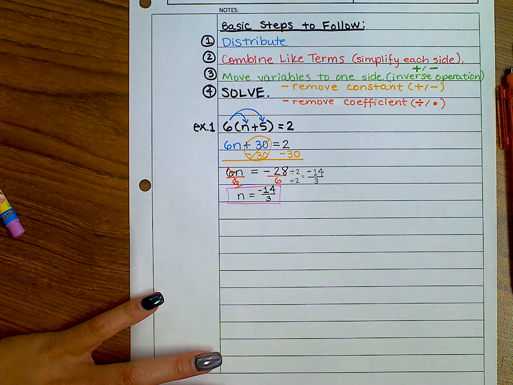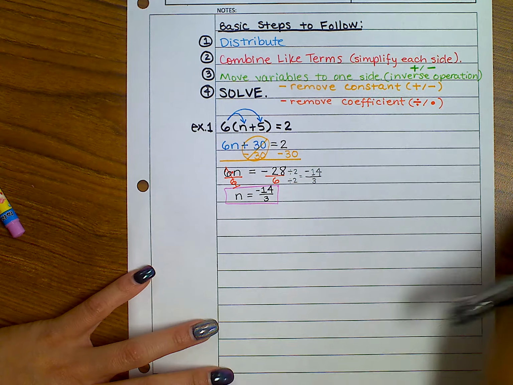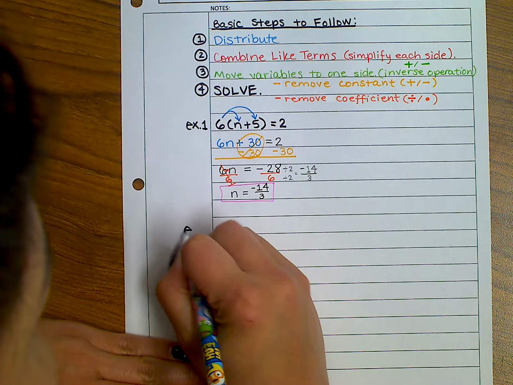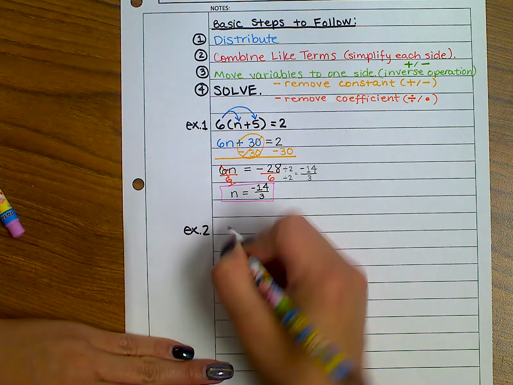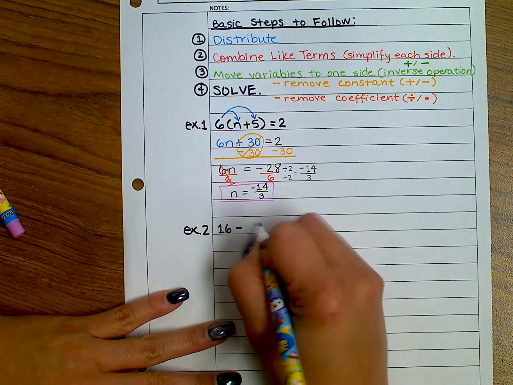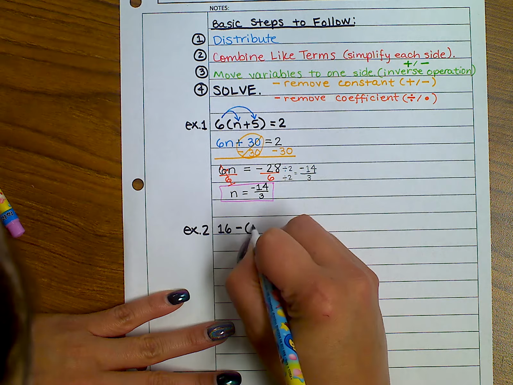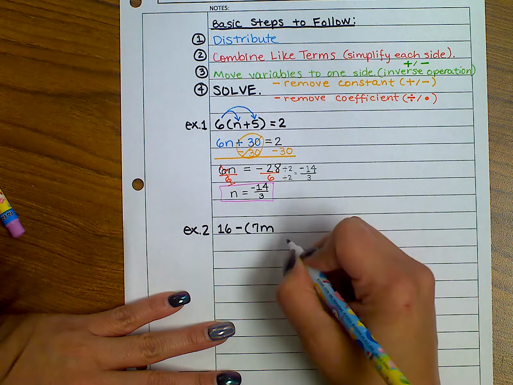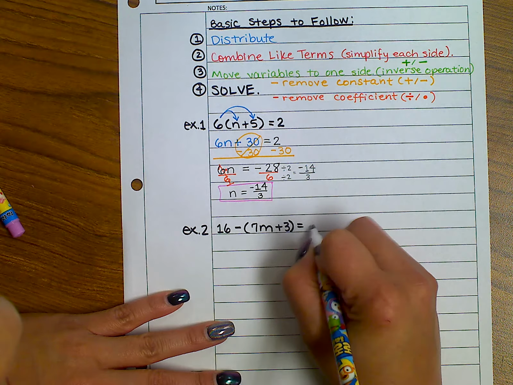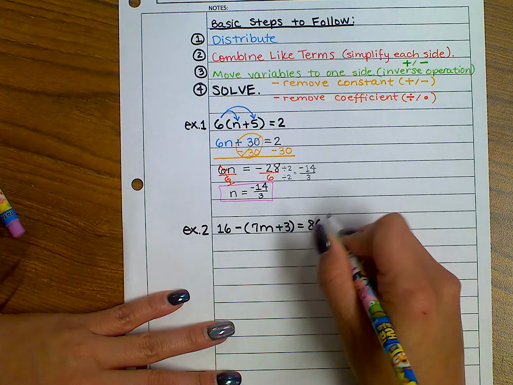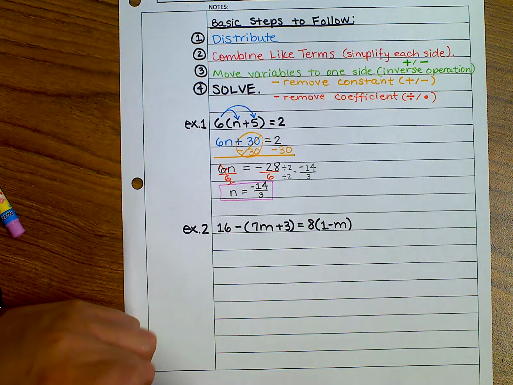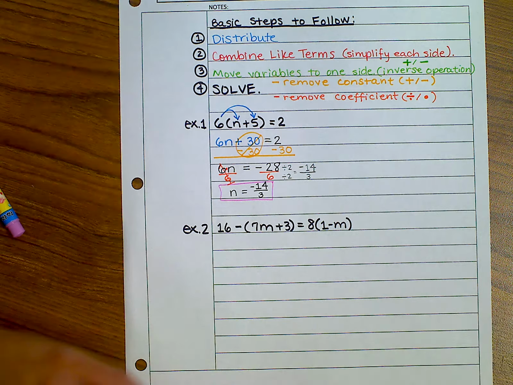This one's a little weird. Example 2. I have 16 minus a group of 7M as in Mary plus 3 is equal to 8 groups of 1 minus M. All right.